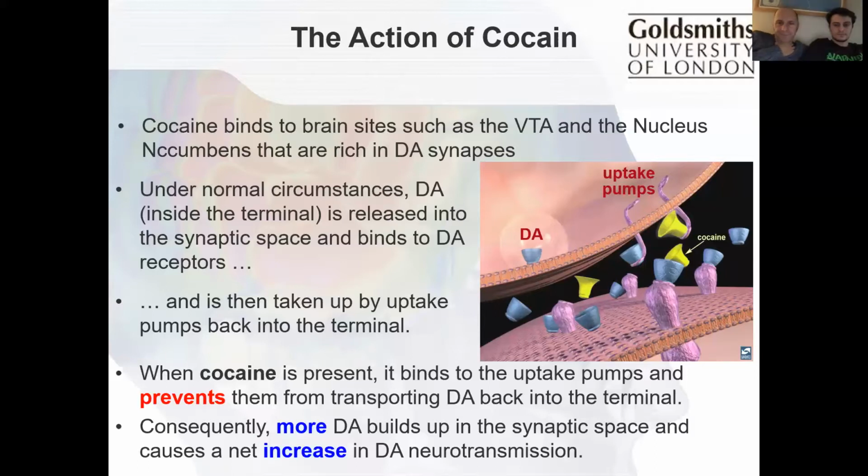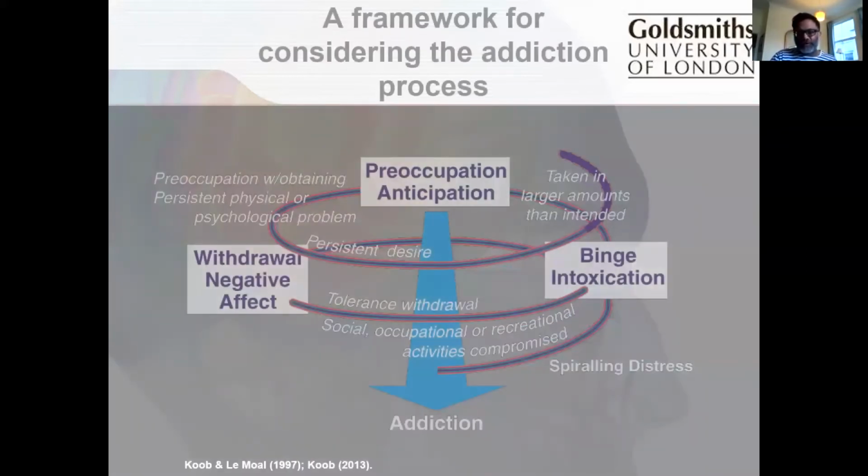Okay. So that's about those two main drugs. Of course, there are other drugs as well, but this is just an example. You see that cocaine acts more in the nucleus accumbens, while morphine or heroin will act in a different area. And this is why different drugs will have slightly different profiles.